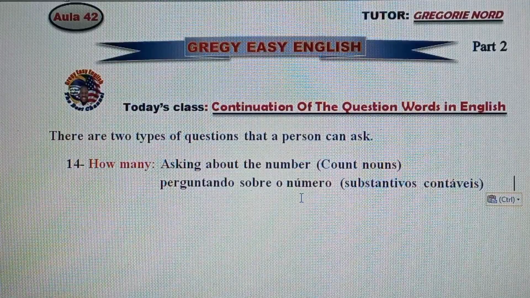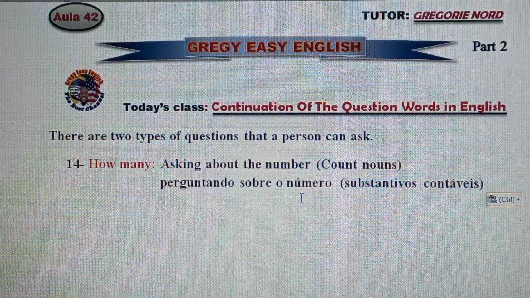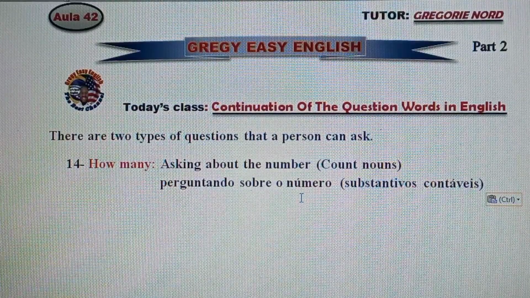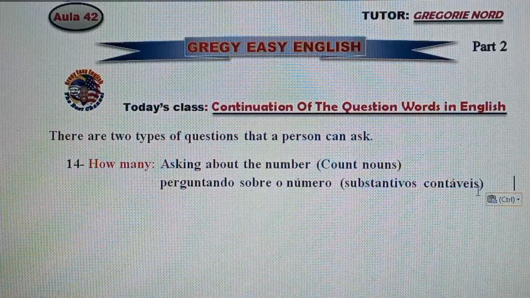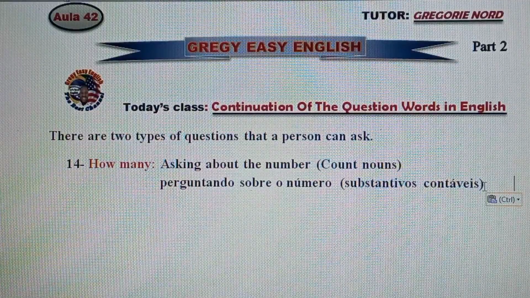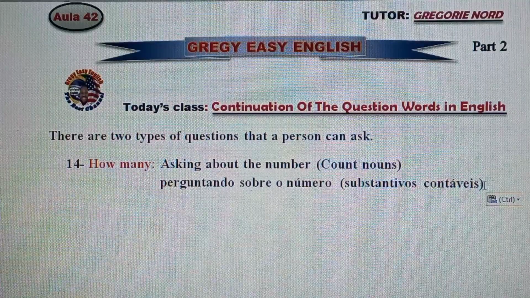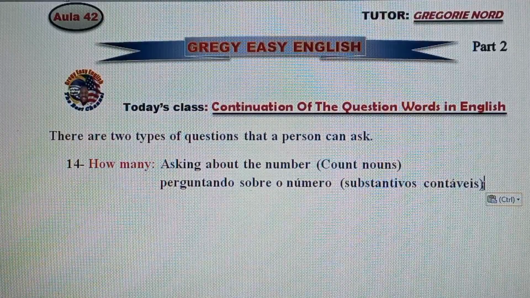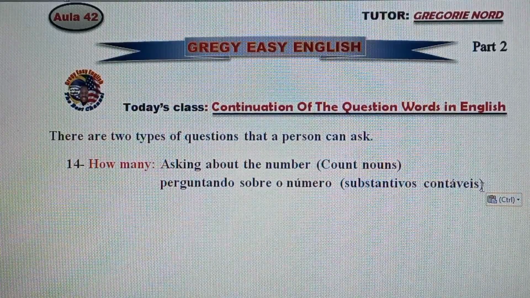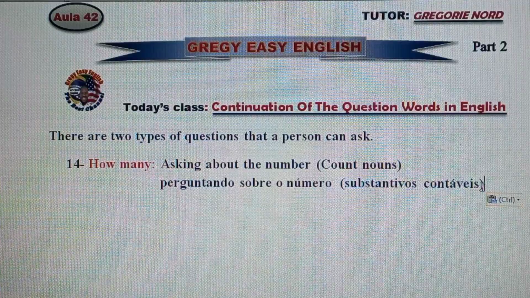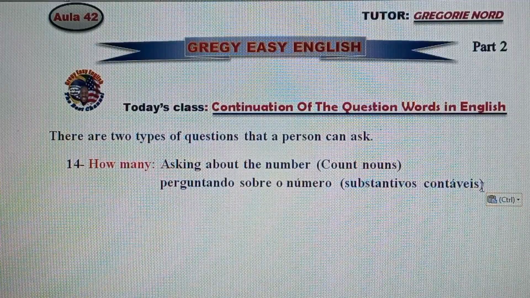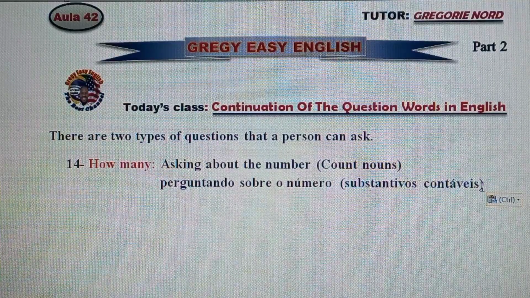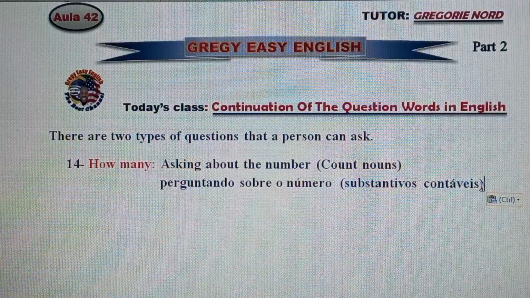How many: pergunta, perguntando sobre o número, mas desta vez é substantivo contável. Significa que quando você usa how many para iniciar sua pergunta, você quer saber o número, mas é uma coisa que dá para contar. É substantivo contável.